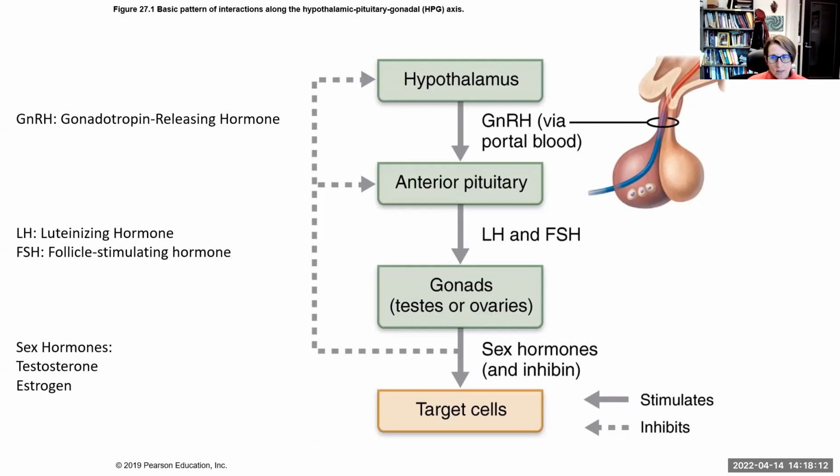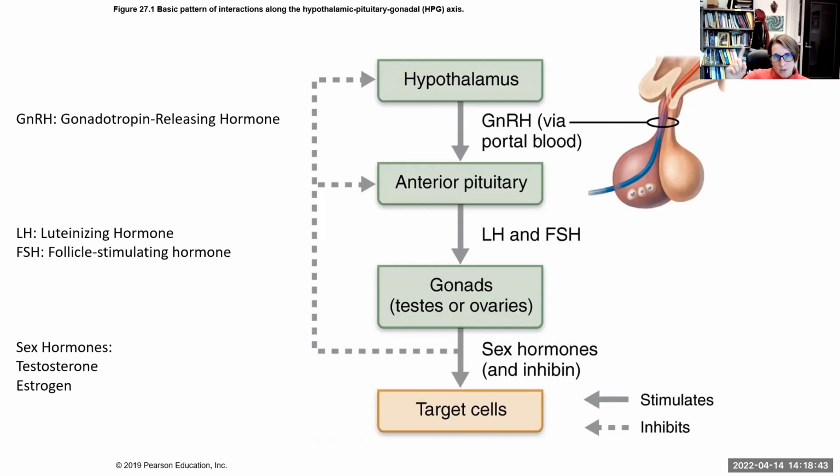So you'll notice that those sex hormones have target cells, and those target cells are, well, there's a variety of them, but one of them is the cells that are going to make the sperm or the eggs, right? That's going to promote the formation of gametes. There are also cells that are going to receive those hormones that develop our secondary sex characteristics, right?